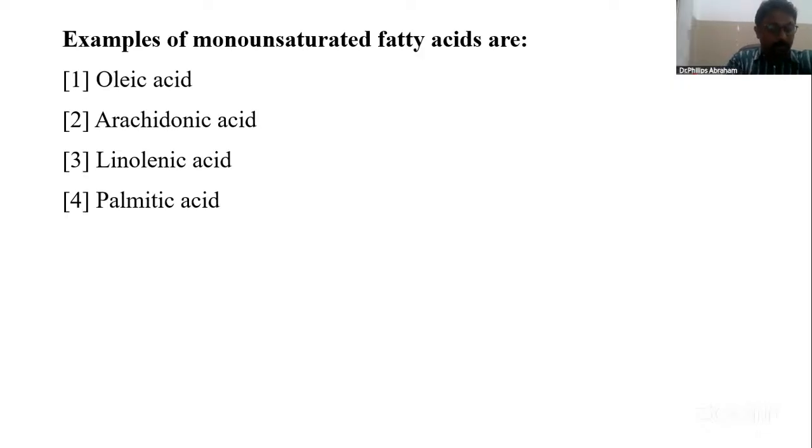Arachidonic acid is semi-essential, linoleic acid is an essential fatty acid, PUFAs. Palmitic acid is saturated, and oleic acid is monounsaturated. Palmitic acid and stearic acid are saturated fatty acids.